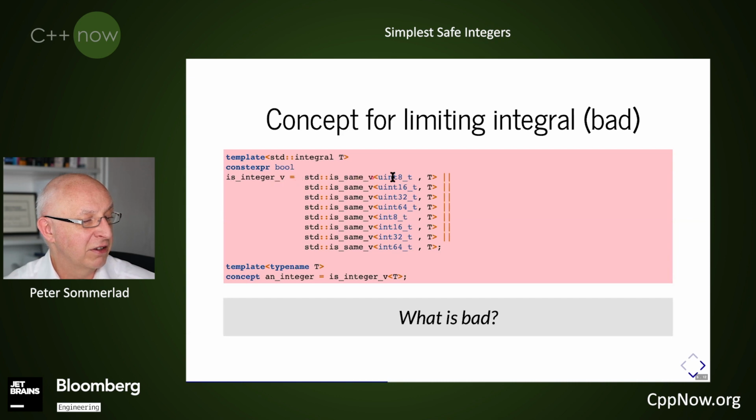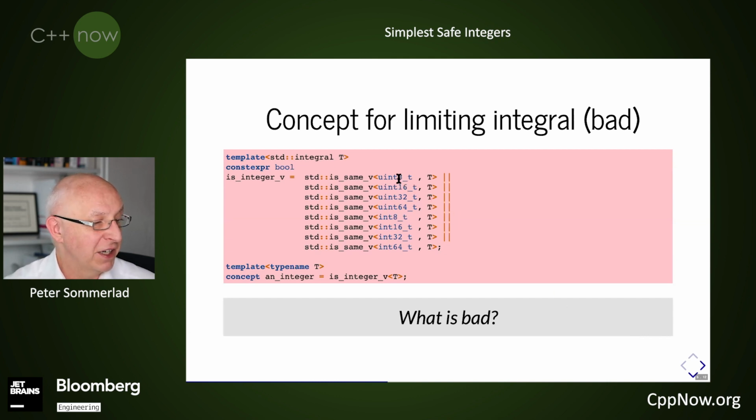And this code checks if the type that you want to convert from is either one of these 8 different integer types. And if this would have been an interactive session, I would have asked, what is bad? And expected an answer from the audience, which we won't get here. So I have prepared some slides to show you what is actually bad here.